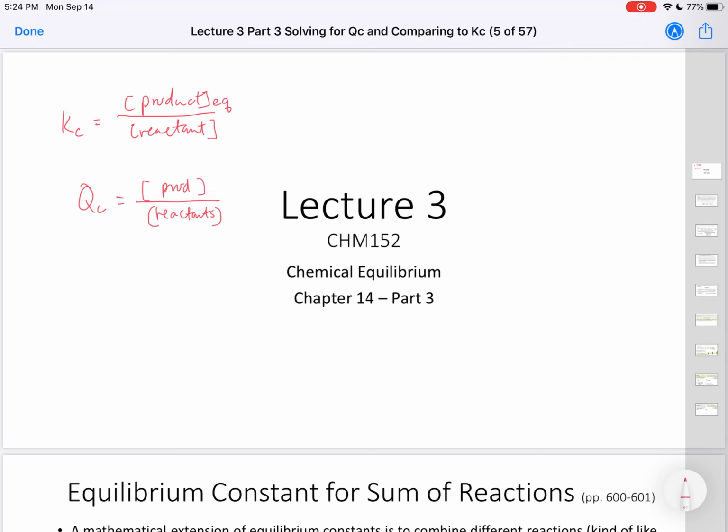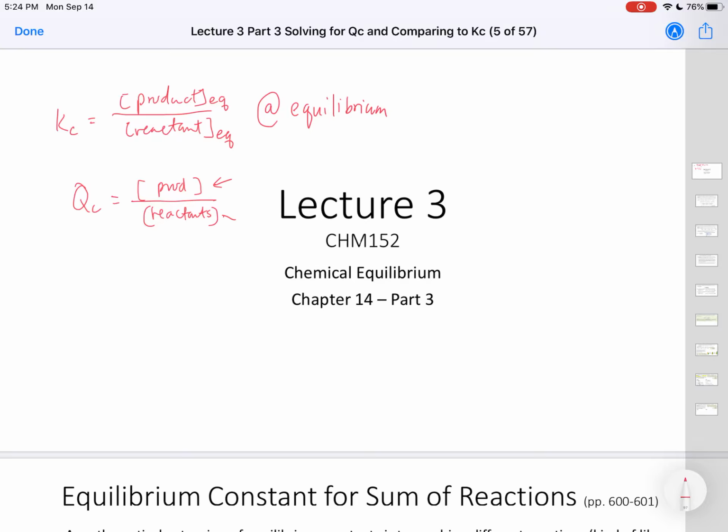The difference is that the concentrations of the products and the reactants when you calculate Kc are at equilibrium, which means the forward rate and the reverse rate equal one another, and so the concentrations of the products and reactants are not changing. For Qc, you have products over reactants, but these concentrations are not at equilibrium.